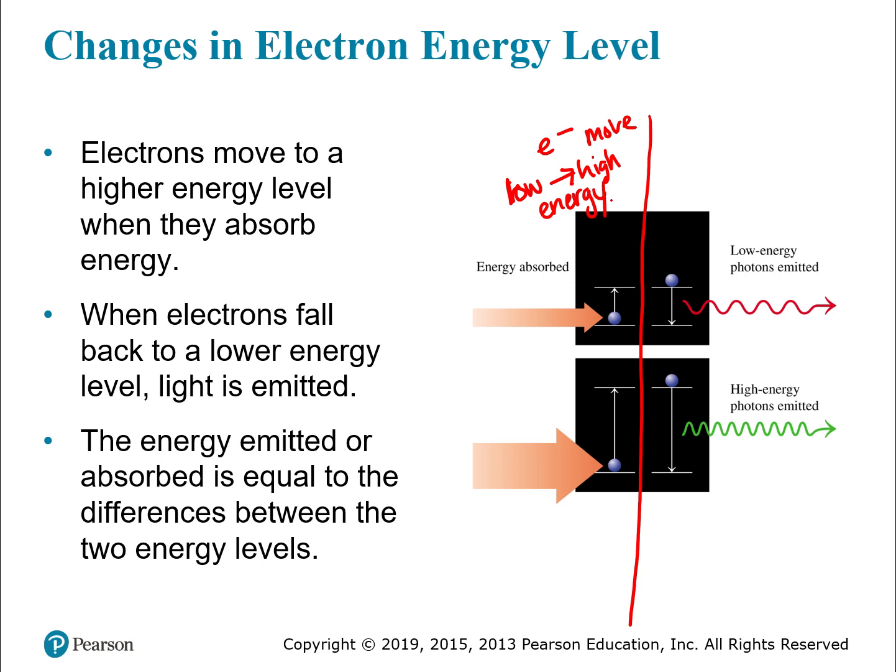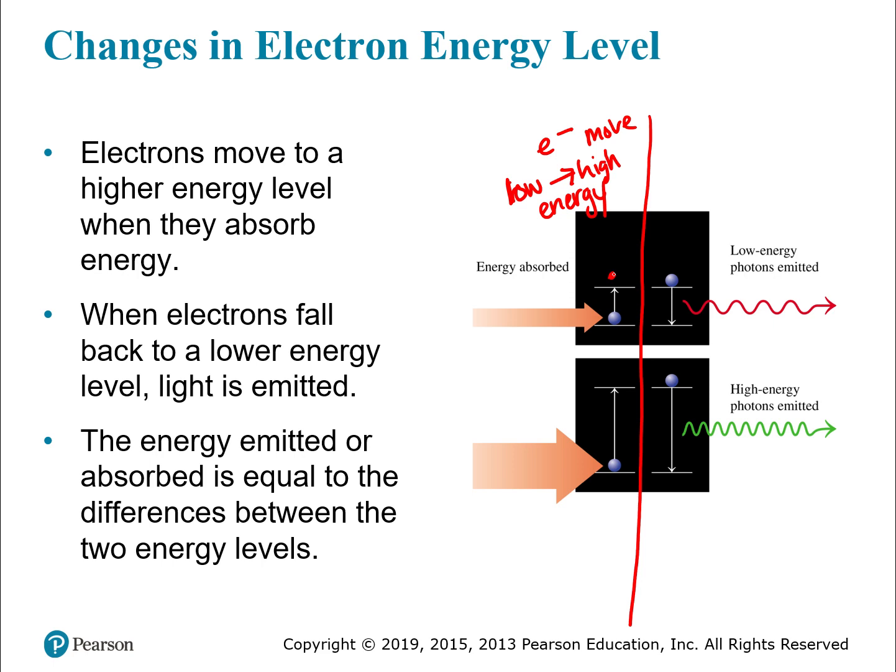And the amount of energy needs to be the right amount to get it all the way up to that specific energy level. So if you think about going up the stairs, if you don't lift your foot high enough, you're going to trip. You have to lift your foot up high enough so that you can actually put it on the next stair.